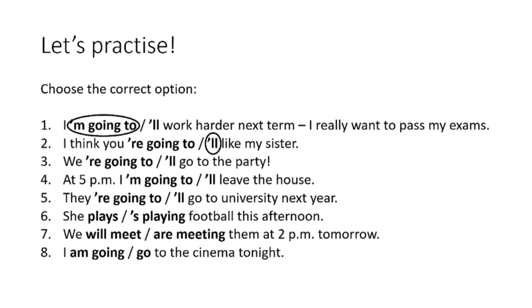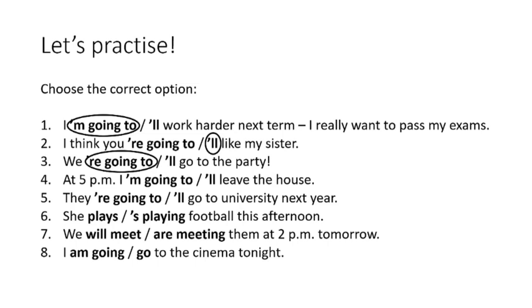Let's take a look at number 3. We are going to, or we will go to the party. We are going to go to the party. This is our plan, our intention. Number 4.